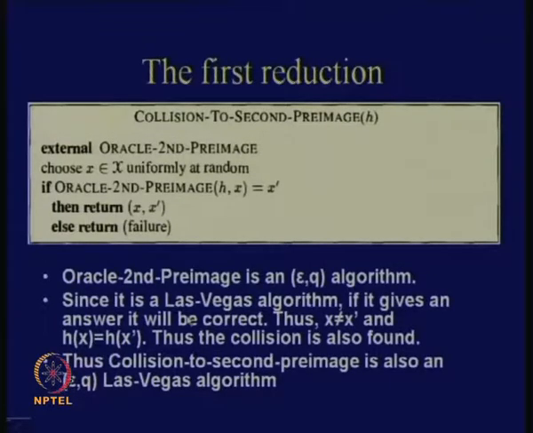The idea is that the second pre-image oracle algorithm is given an input x along with the hash function, and this algorithm returns back an x dash.